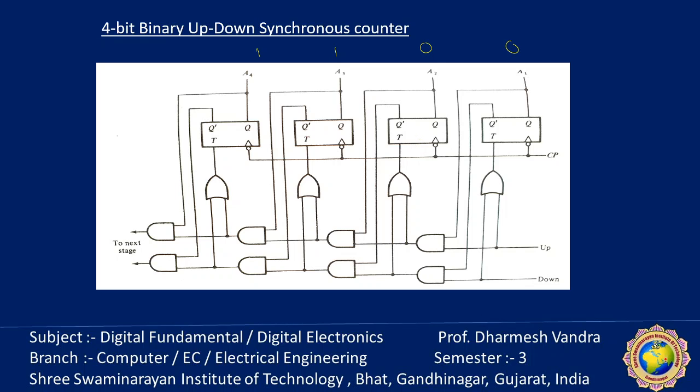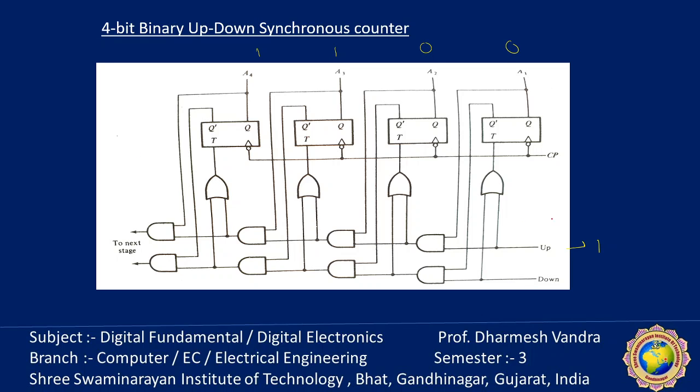A count down binary counter can be constructed as in this figure. Here there are up and down inputs; if up is 1, then all the flip-flops act as a T flip-flop up counter, but the inputs go according to the previous stage. For a T flip-flop, we know that if T equals 1, then the next state is the complement.